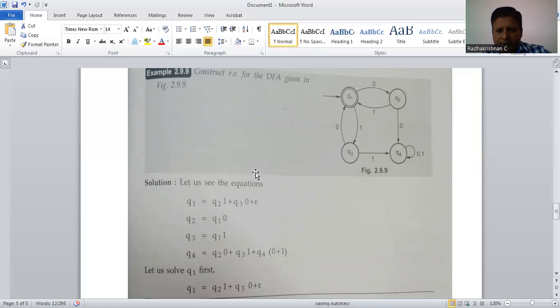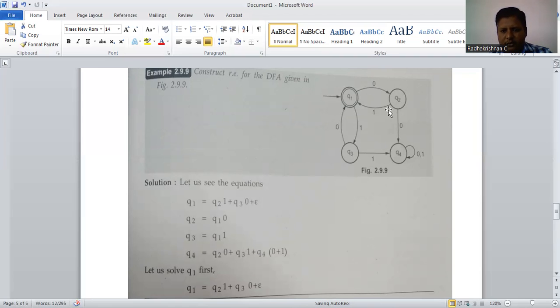So how many states? 4 states: Q1, Q2, Q3, Q4. Now first write the state equations. In state Q1, how many incoming edges are there in the automata? From Q3 1 incoming edge, from Q2 1 incoming edge.